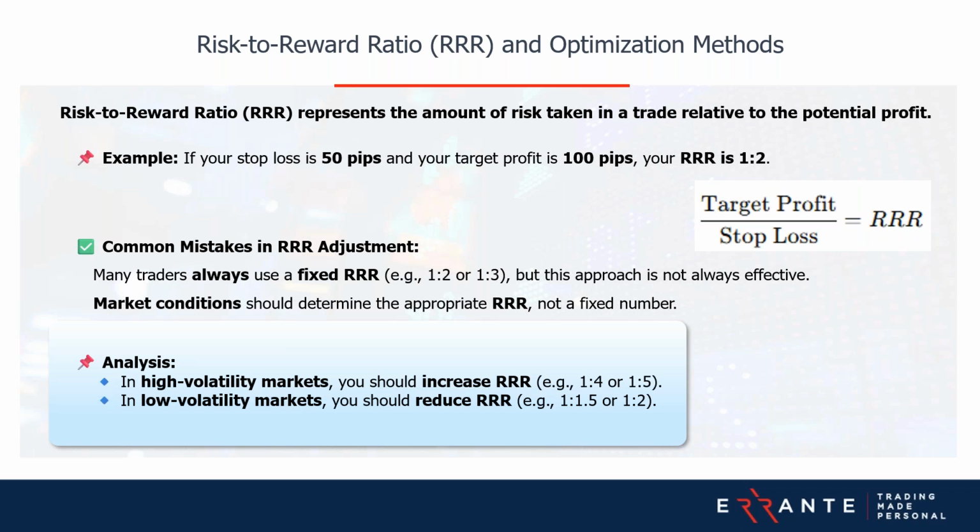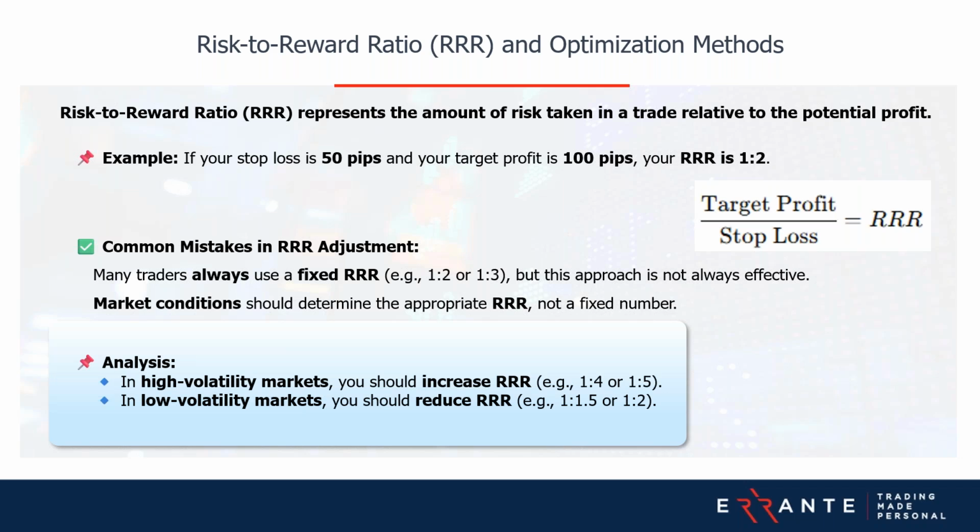So the price moves slowly and in small ranges. These cases suggest we choose a lower RRR, 1 to 1 or 1 to 1.5, which can ensure we take profit before the market reverses.